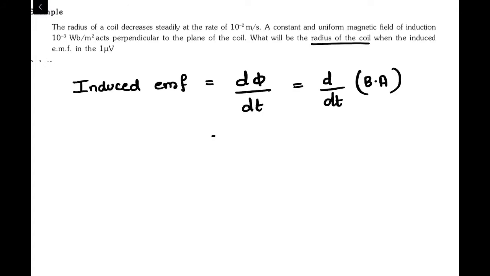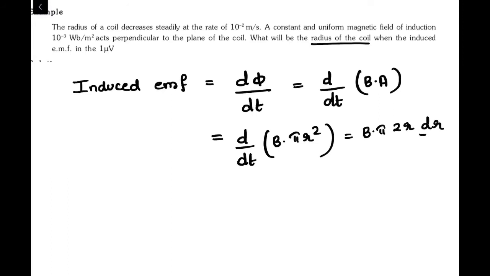So induced EMF will be d by dt of magnetic field into area, which is pi r square. Now B and pi you can take common. The derivative of r square will be 2r dr by dt.